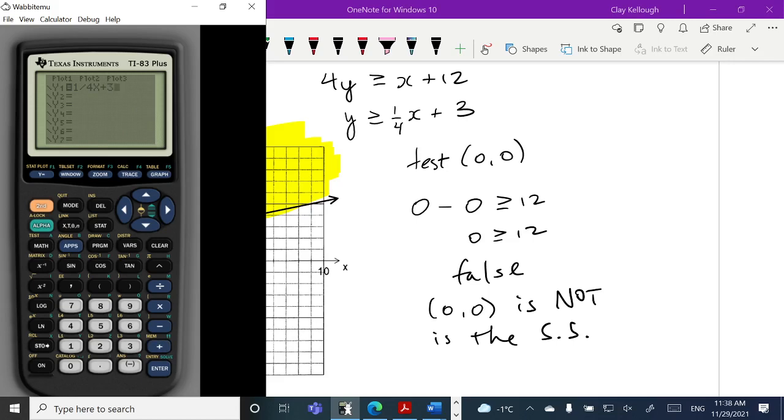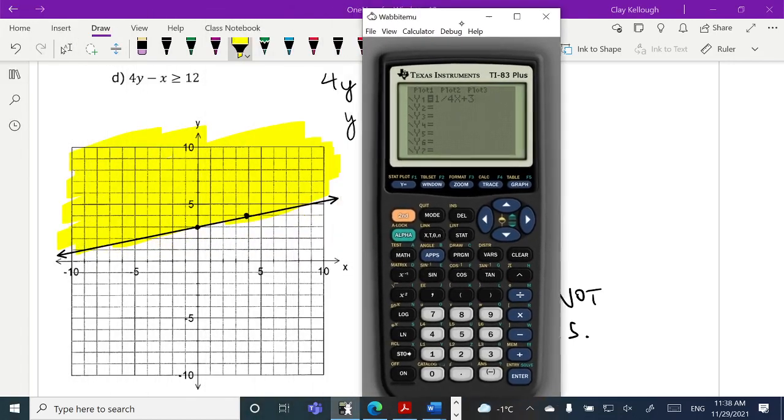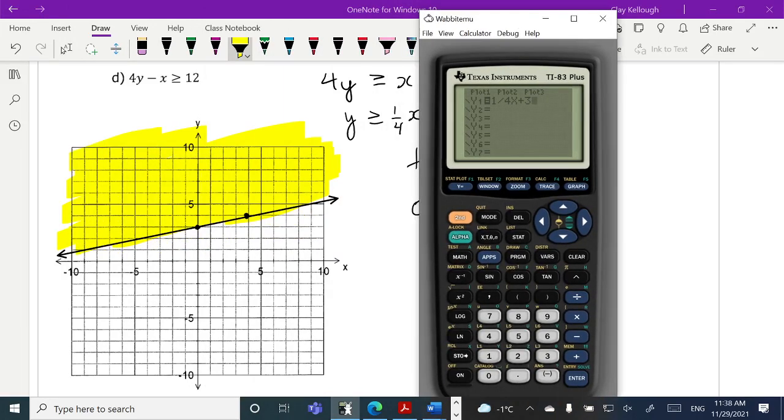And then I have to have done my test already, and I have to know that I'm shading up. So then I move the cursor over to what kind of a line it is, which is on the left of the Y1. Once that cursor is flashing, just toggle through the enter option until you get up. There, I'm shading up. Graph, and there it is. There's my graph. Isn't it pretty?